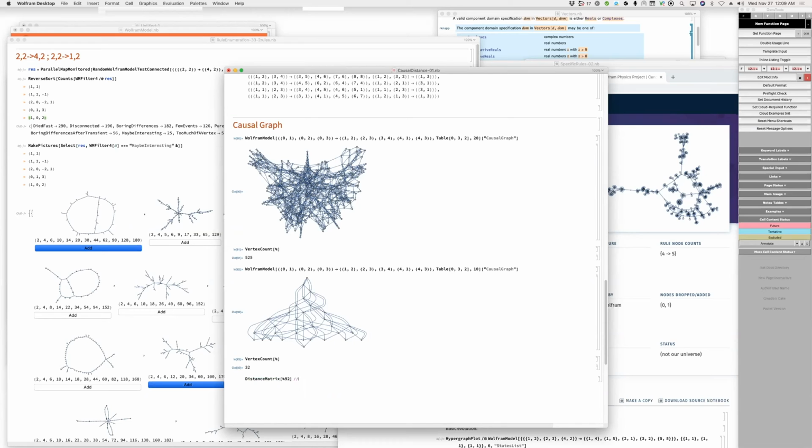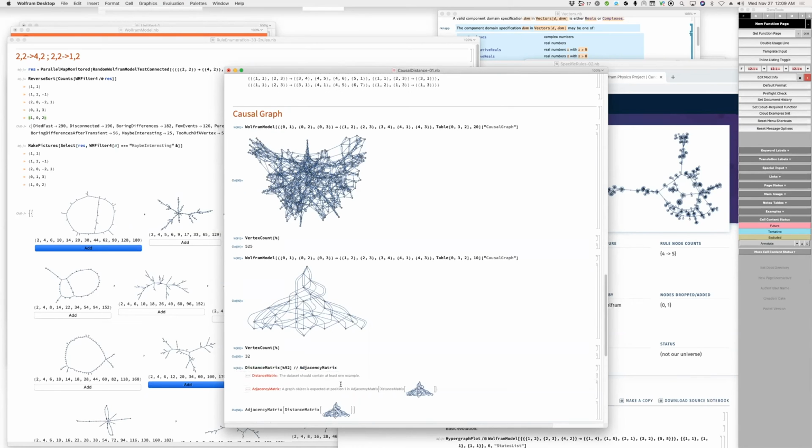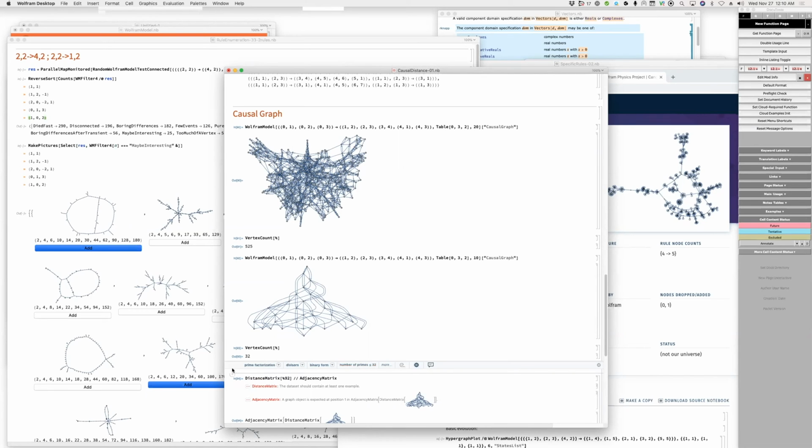Hold on. Can't we get the distance matrix for a graph? It's GraphDistanceMatrix.